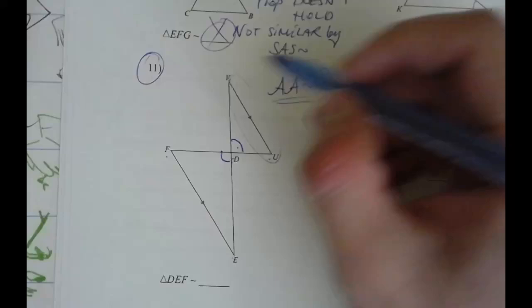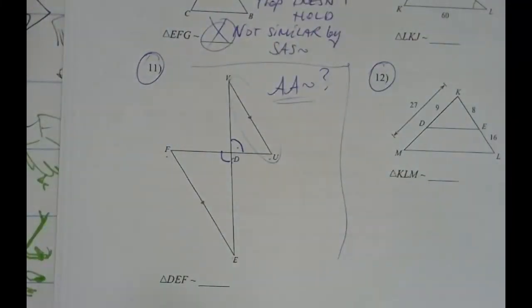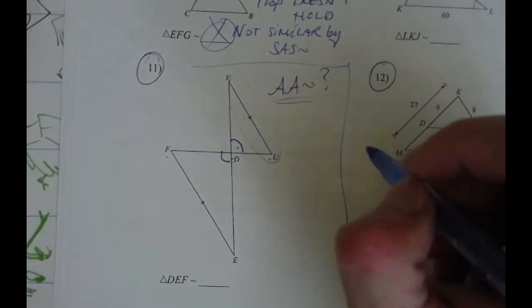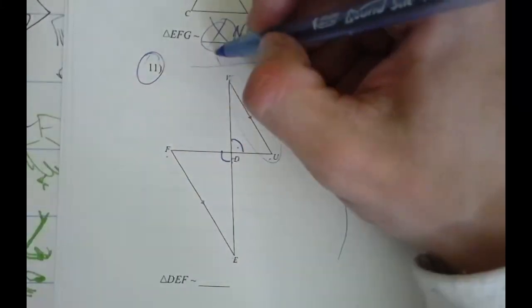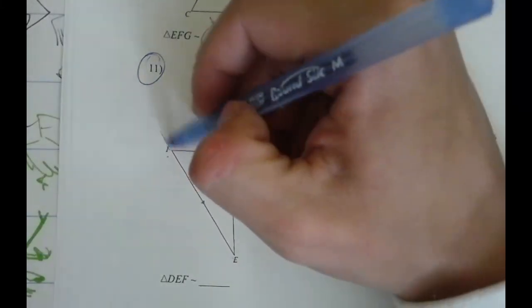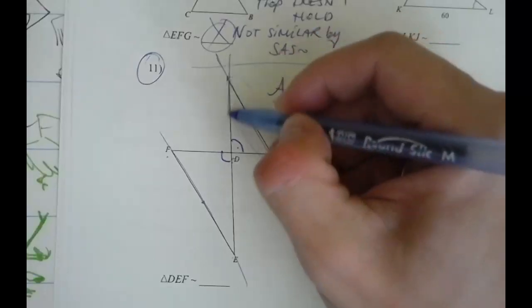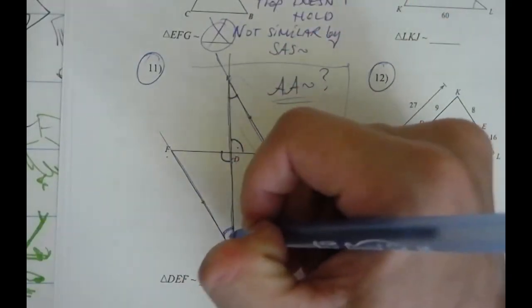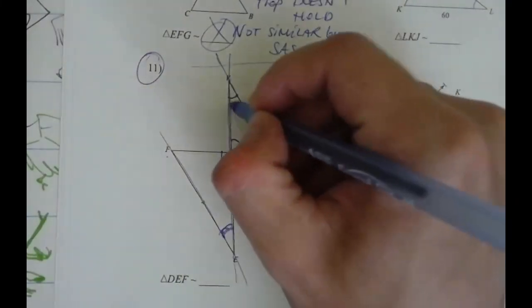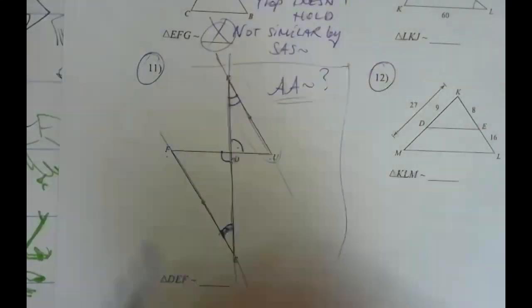This is just me writing it down to remind myself. When I see this problem, I'm thinking it's probably going to be angle-angle similarity because I don't know anything about the other sides. Now what I can do, I see these lines aren't parallel. Everybody loves transversals. They always come back. So transversals here, I notice our favorite friend, the alternate interior angles, are hiding in here. So I'm going to use two lines to show that they're equal to each other but not equal to D.